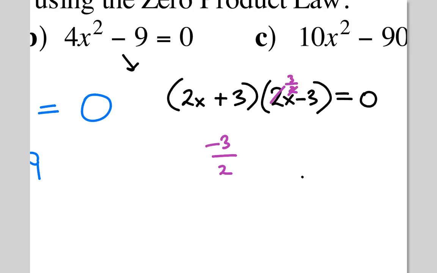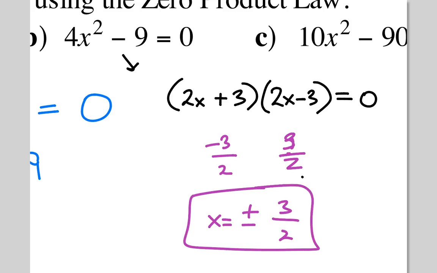Because then the 2's would cancel and 3 minus 3 is 0. So the answer for this one is plus or minus 3 over 2. This is what we're looking for in the purple. Plus or minus 3 halves.